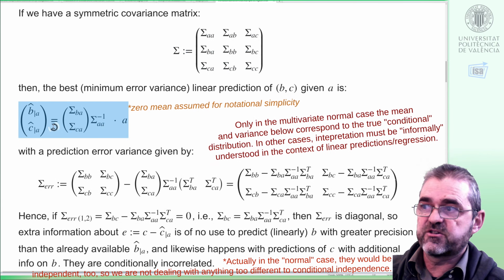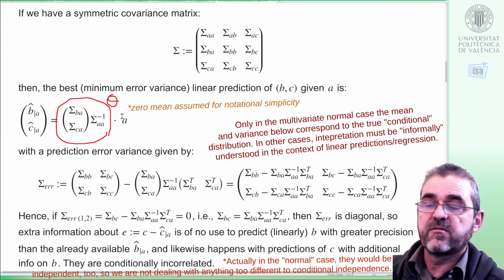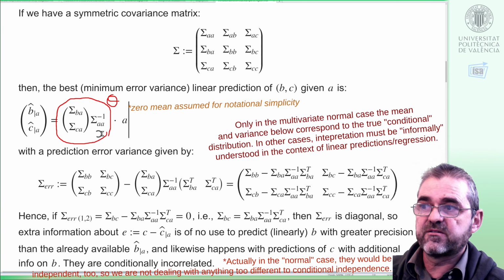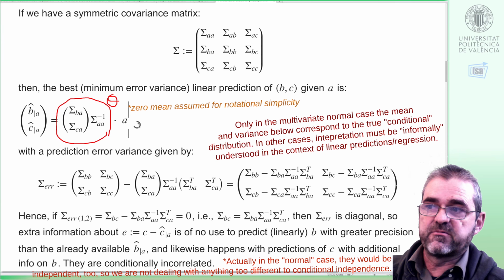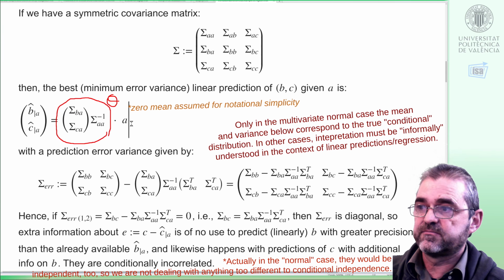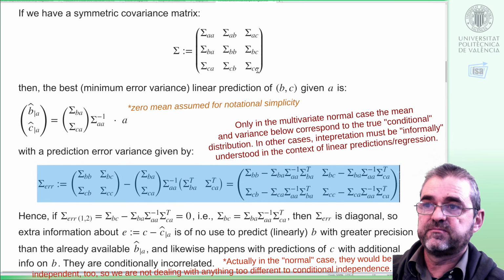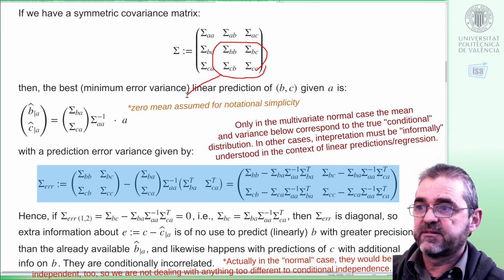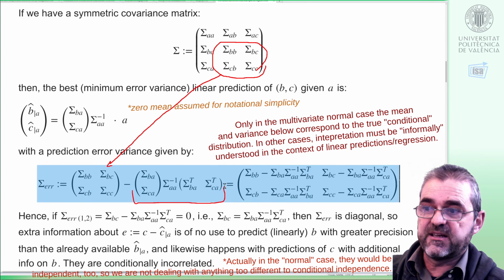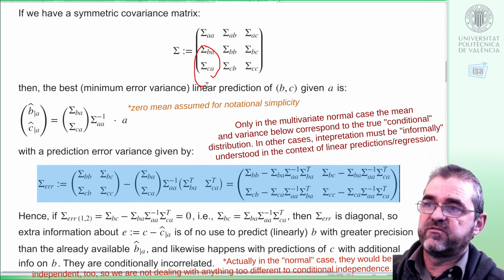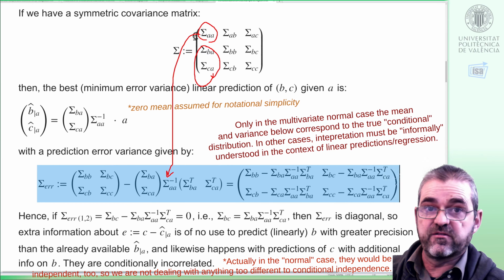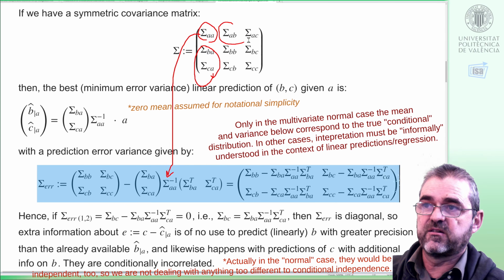The best linear prediction of B and C given A is this matrix theta, the constant predictor that multiplies the values that I observe of variable A if available. The prediction error variance has this formula. This is the a priori variance of B and C, and this is the reduction due to the knowledge of A: the covariance, inverse of the variance of A, and the covariance transposed.